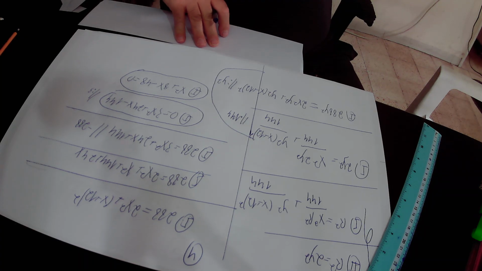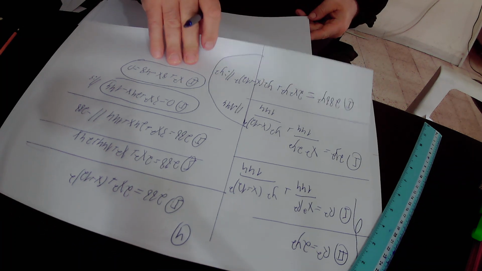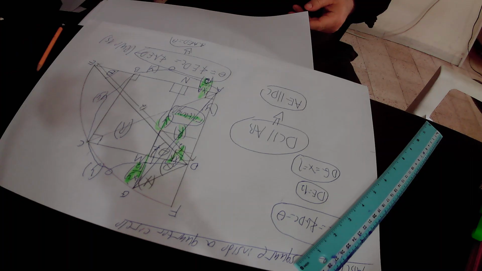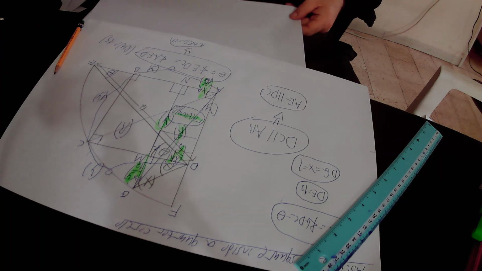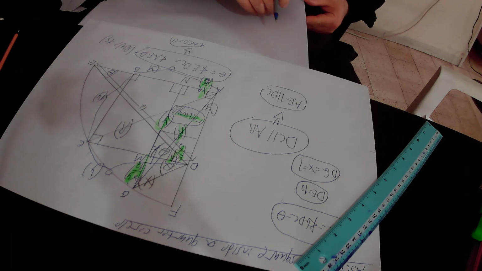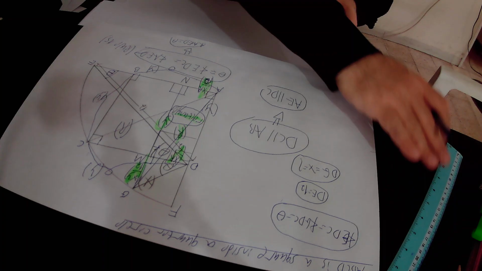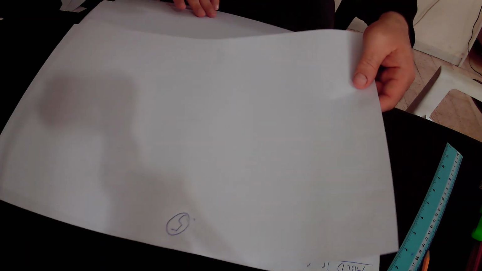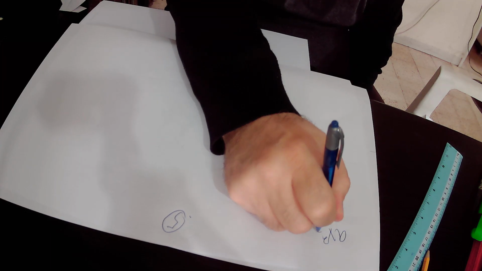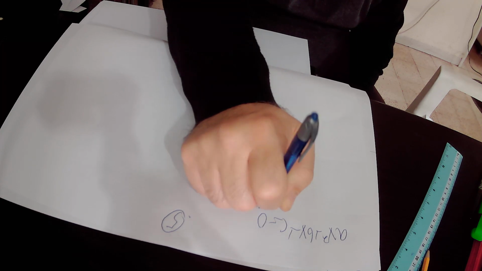So actually, this equation is a quadratic equation, and we know that the general formula for a quadratic equation is ax squared plus bx plus c equals 0.